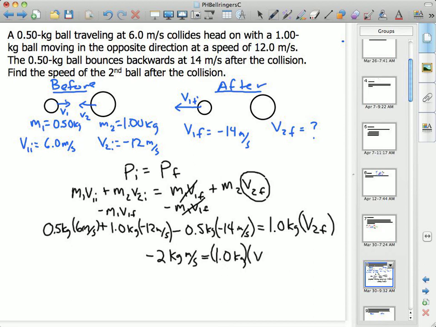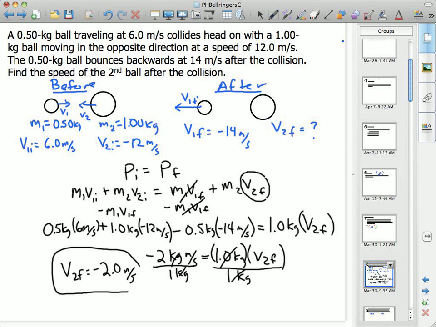Obviously, if we want to get v2 final by itself, we need to divide by 1 kilogram on both sides, which cancels out the kilograms. And we're left with a velocity of -2 meters per second for the second ball. So notice the momentum of the second ball is still negative, but it gave some of its momentum to the first ball.